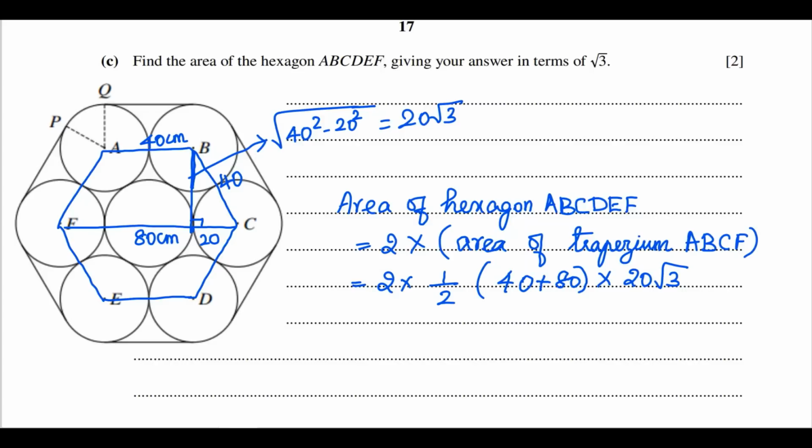So 2 gets cancelled. 40 plus 80 is 120 multiplied by 20 square root of 3. So 2400 multiplied by square root of 3. So this is the total area of the hexagon ABCDEF in centimeter square.